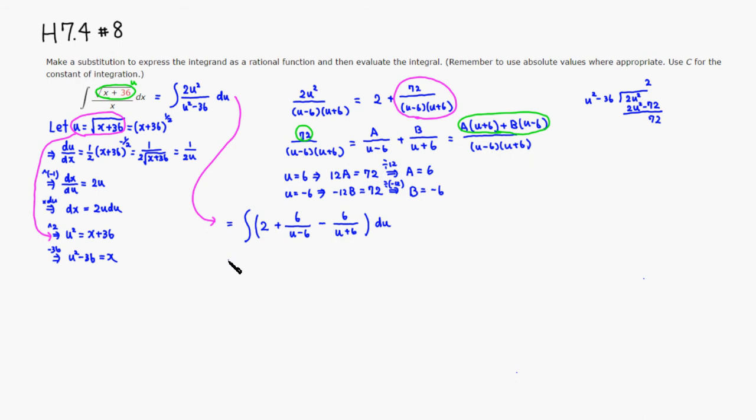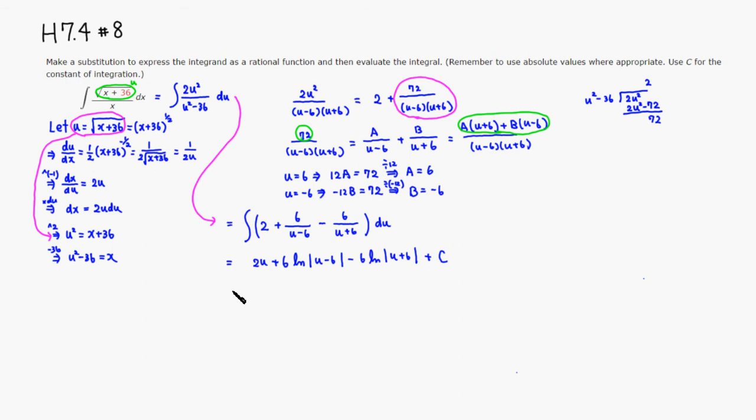Now find the antiderivative. The antiderivative of 2 is 2u, and 6 is just a constant. The antiderivative of 1 over u minus 6 is the natural log of the absolute value of u minus 6, then minus 6 times the natural log of the absolute value of u plus 6, plus some constant C.